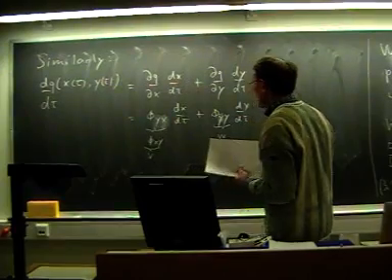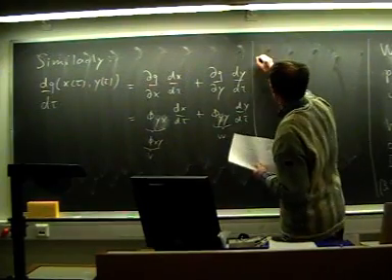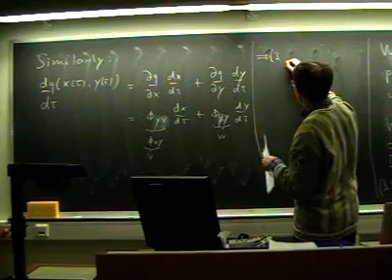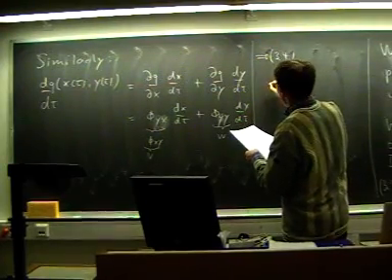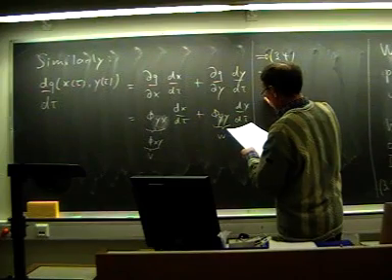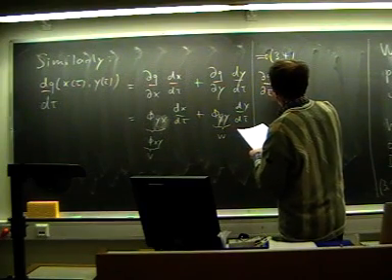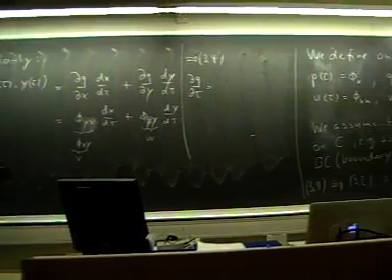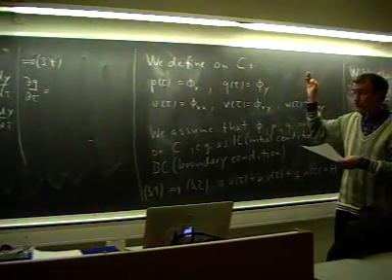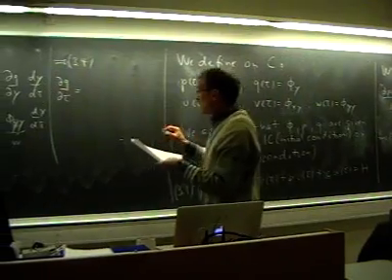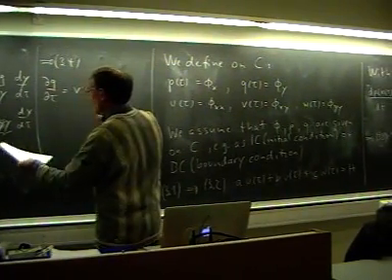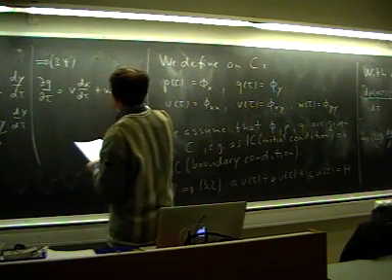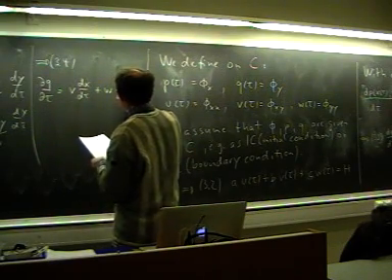So from that we get the relation, which we call 3.4, that dq d tau, the derivative of phi y along the curve, is equal to v dx d tau plus w dy d tau.